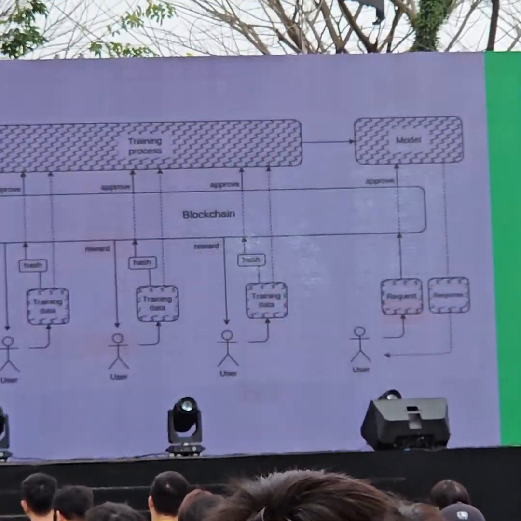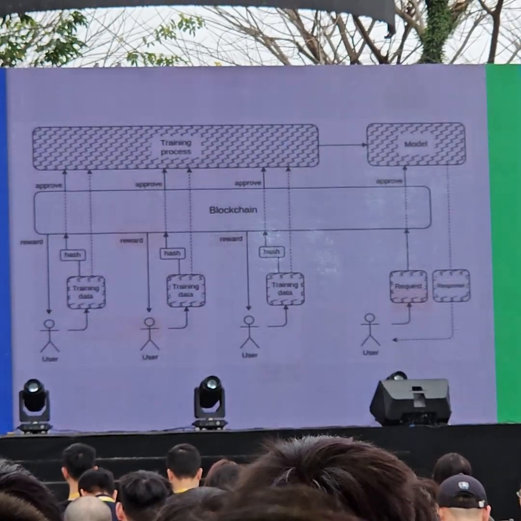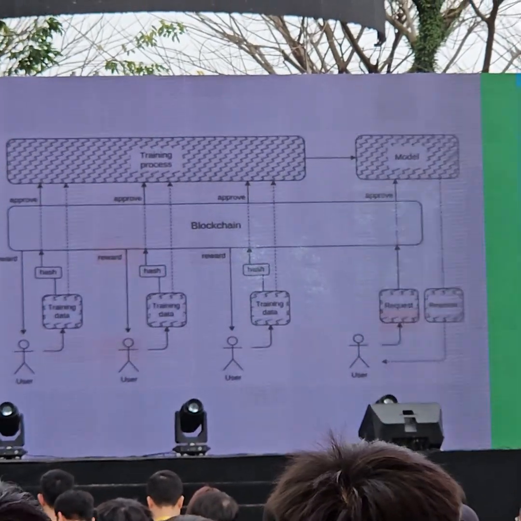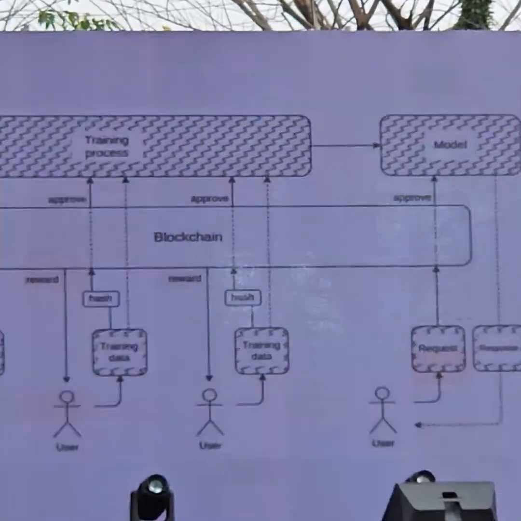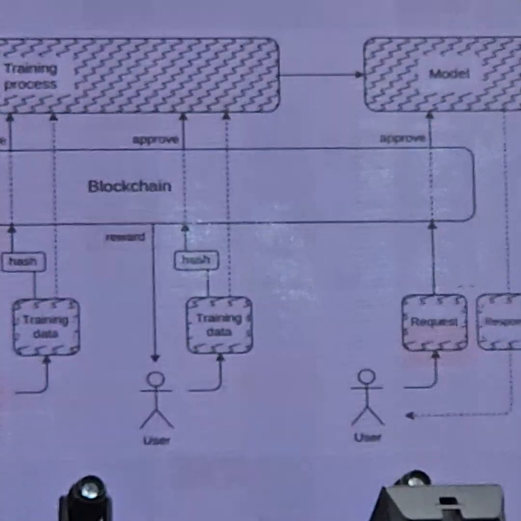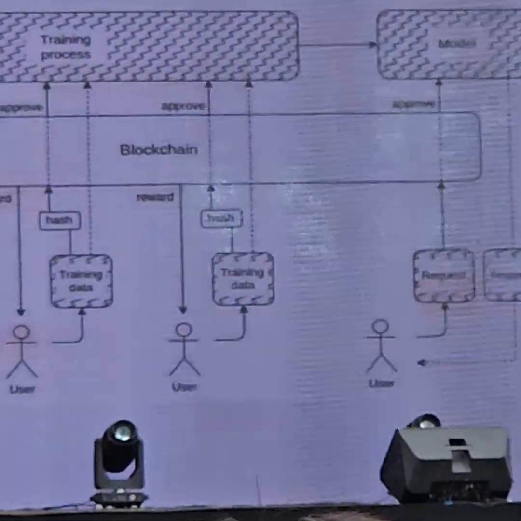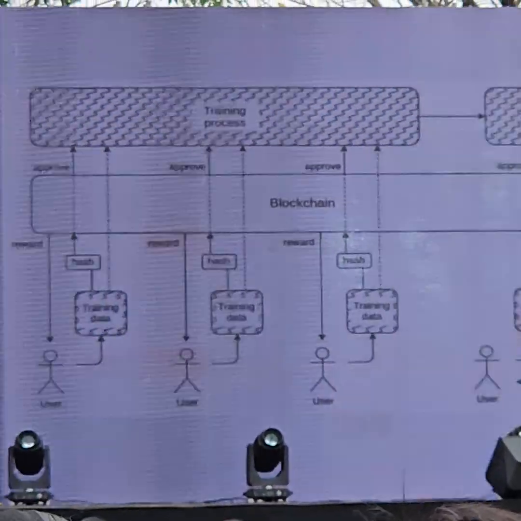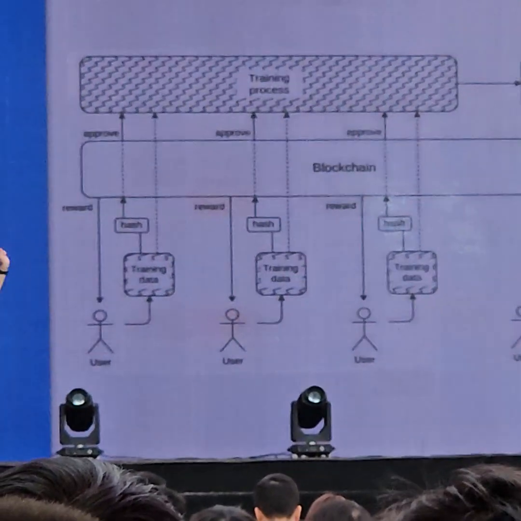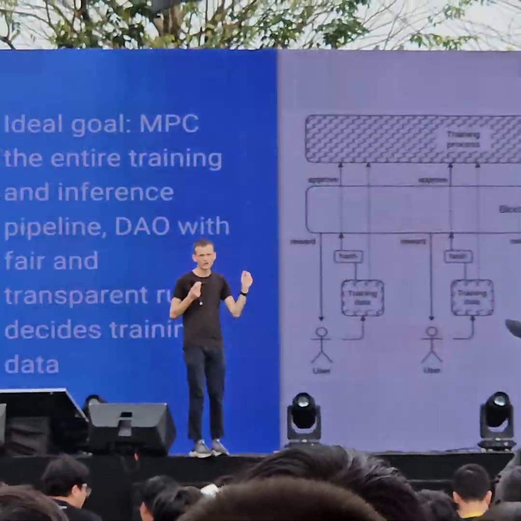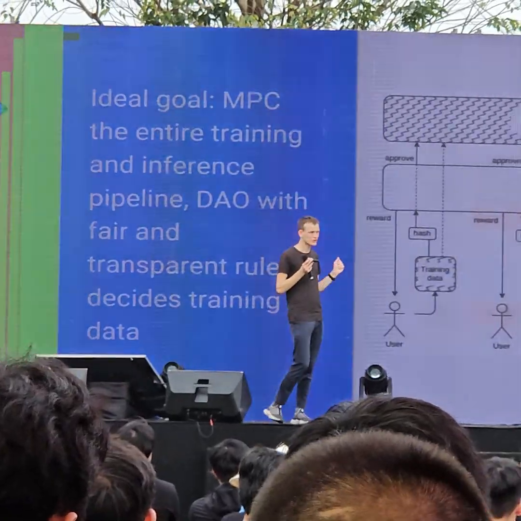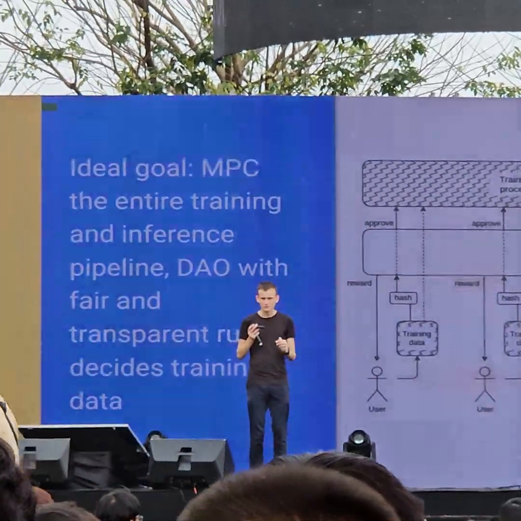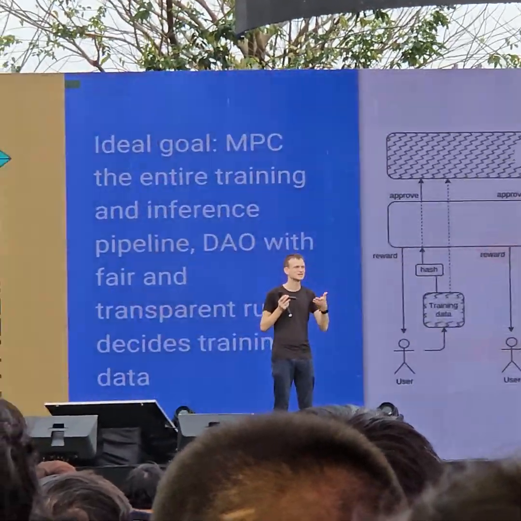If you do this, then because the process for who submits the training data is an on-chain mechanism, a DAO, with fair and transparent rules that show who can submit, people are going to know that the AI model was created in a way that is open and transparent, and they're going to have that guarantee without even being able to see the model, right?